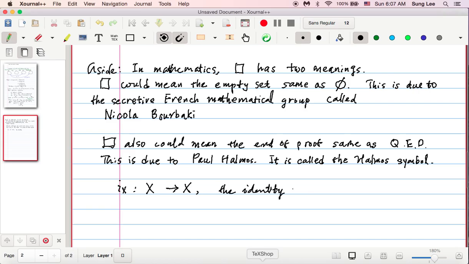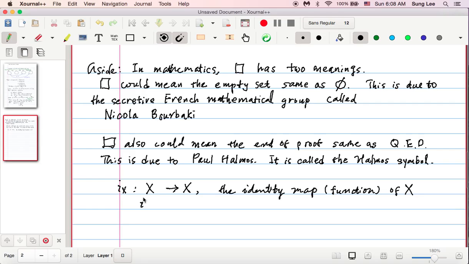You can call it the identity function, or the identity function on x. Why is it called identity?